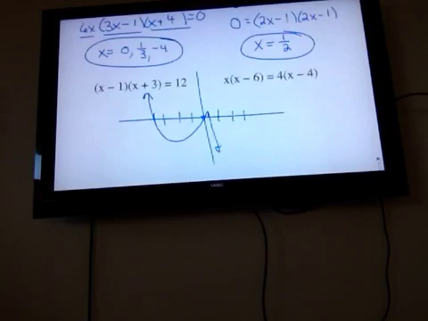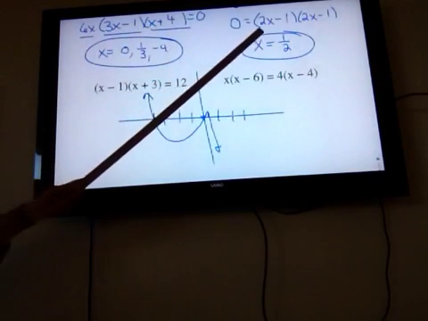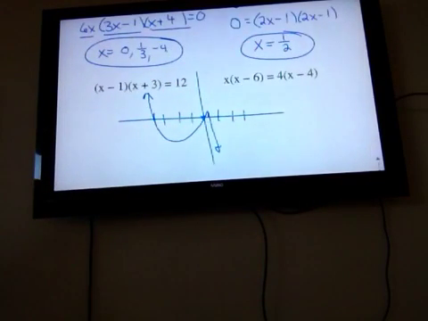Now, when you get this, which is called a double root because it's the same number two times, what that means is that it doesn't pass through 1/2, it just touches it at 1/2.